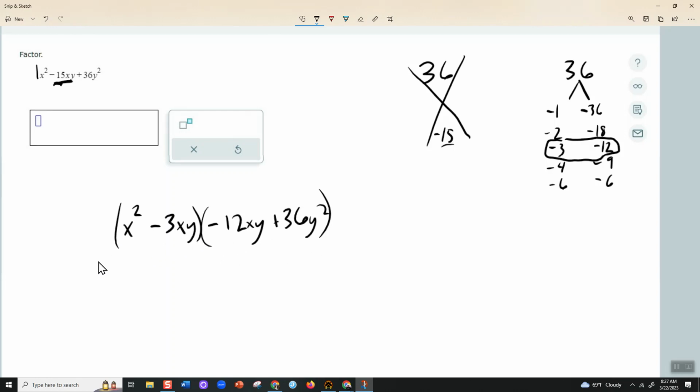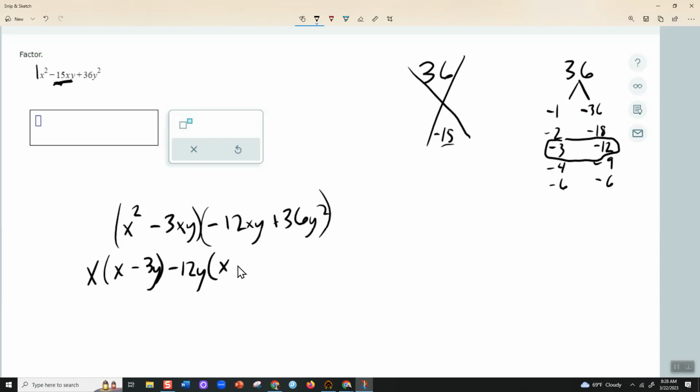Greatest common factor of the first group is x. I get x minus 3. And the greatest common factor here is negative 12y. Oh, I forgot the y here actually. 3y, x minus 3y, because that didn't factor out in the first group. Here I get positive x, negative 12. Negative 12 is going to be positive.